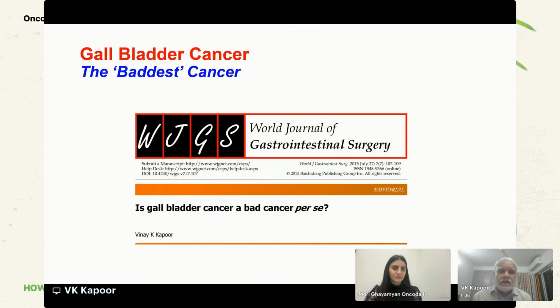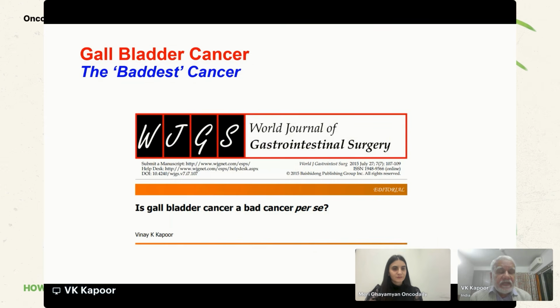The only cases where the outcome can be good are those which are detected early, and most of the early cancers are detected as an incidental gallbladder cancer after we have done a laparoscopic cholecystectomy for a presumed diagnosis of gallstone disease, and the pathologist says that it is gallbladder cancer.